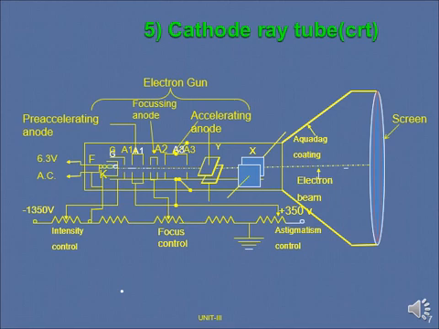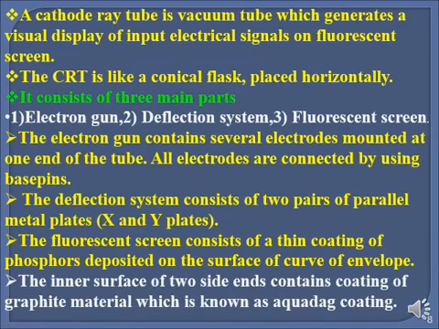So the electron gun contains several electrodes mounted at one end of the tube. These electrodes are shown in the figure, the sketch of the CRT.